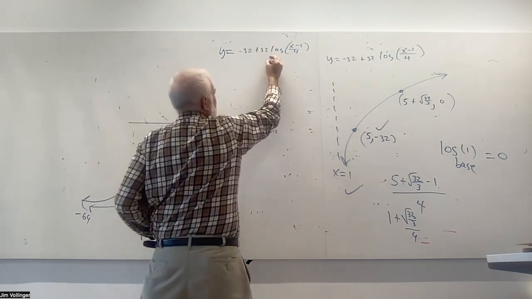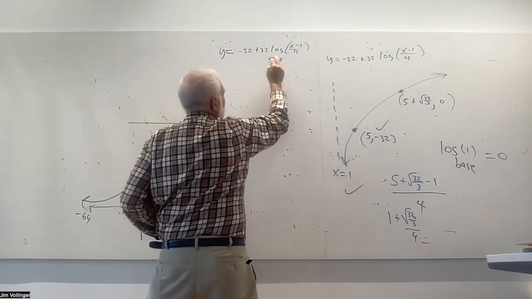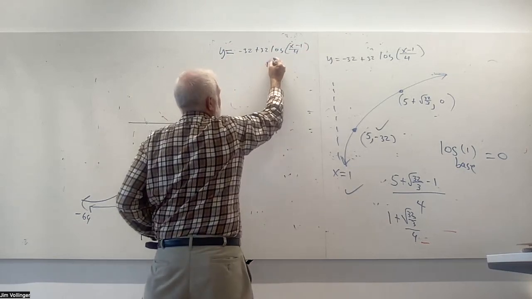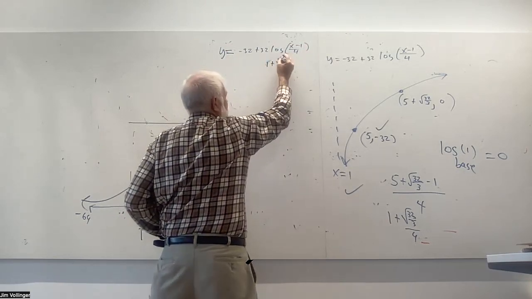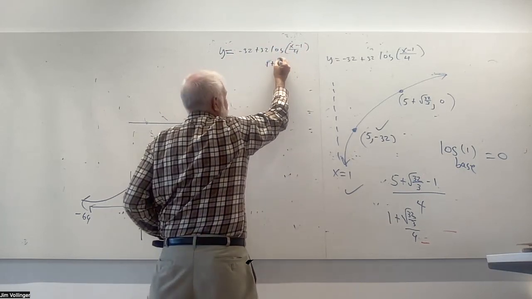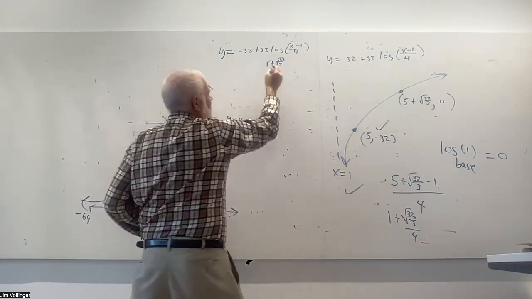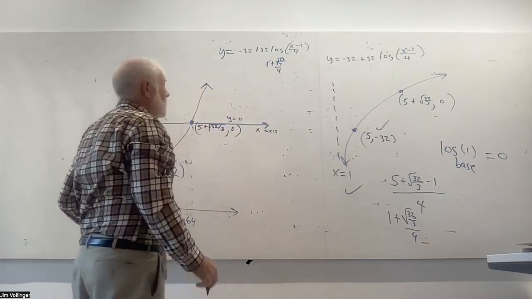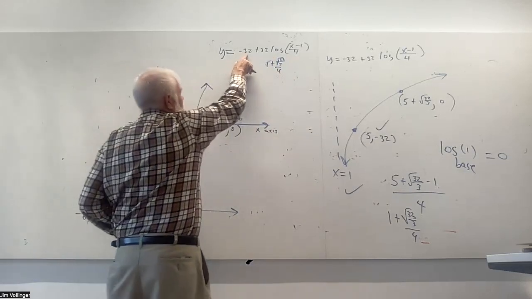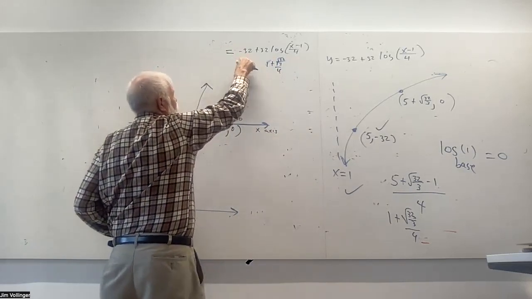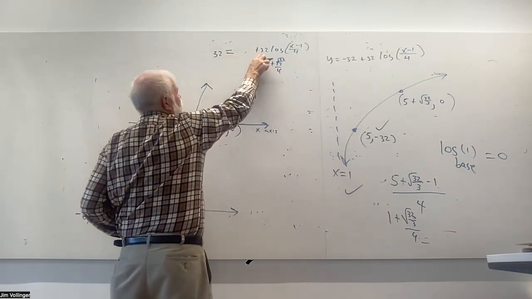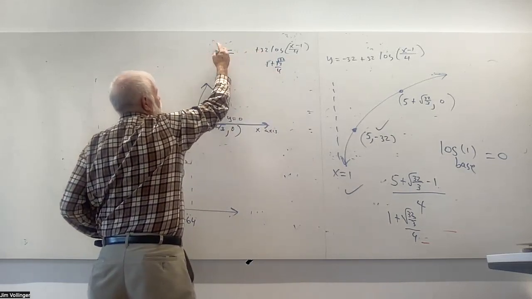The base was, oh, ugly thing. I'm going to bring it down to 1 plus the square root of 33 over 3, divided by 4. All right, going to go for it. I'm going to have to do it here. So minus 32 comes over as positive 32. Dividing 32 by 32 gets us 1.